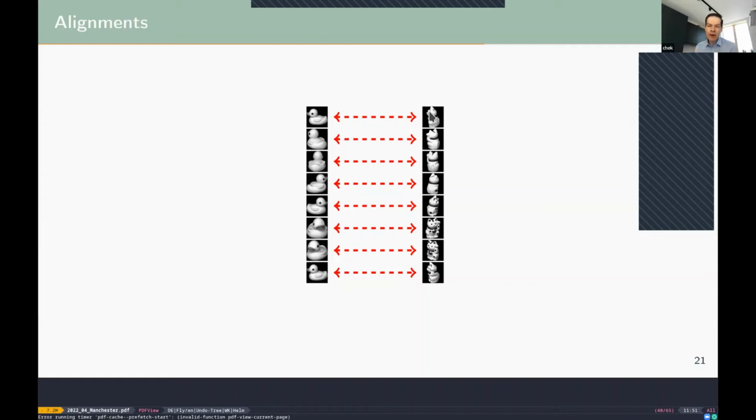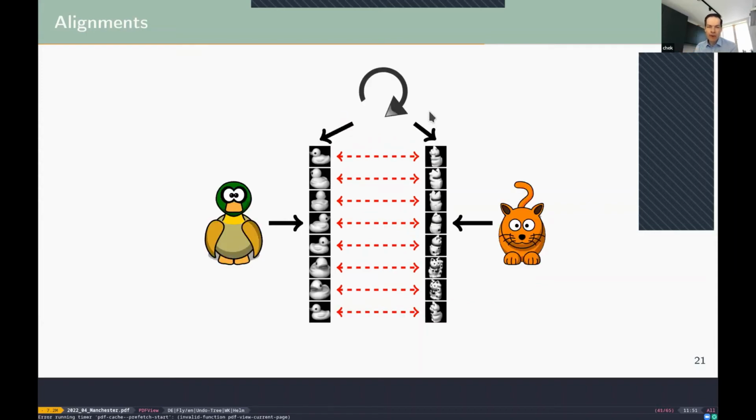So if I would learn a latent model of this, there's a very clear structure that appears. What is common or shared between these two objects is that they're both rotated at the same angle. They're aligned by their rotation. So the concept of rotation is shared between them. However, the appearance of being a duck or a cat is private to the two.